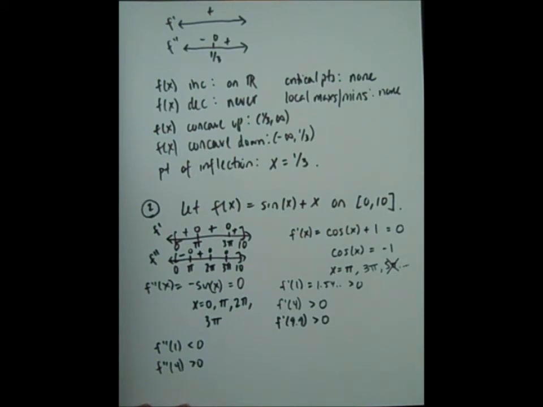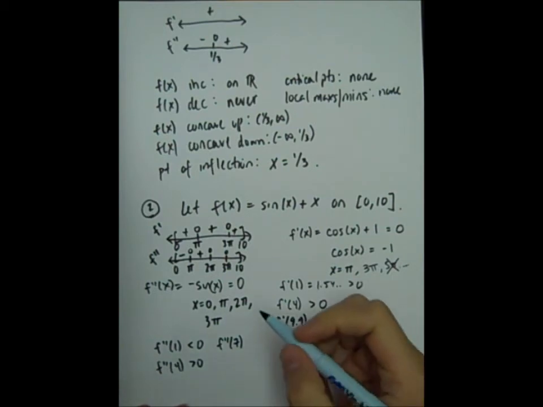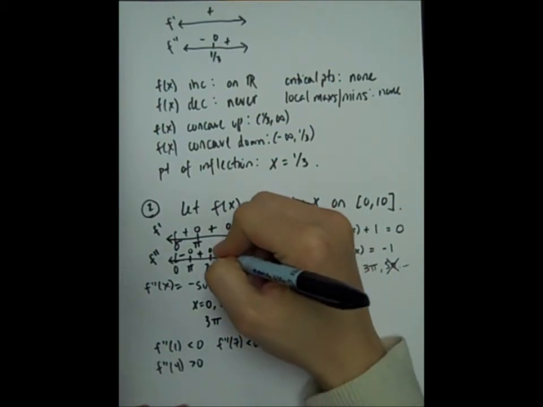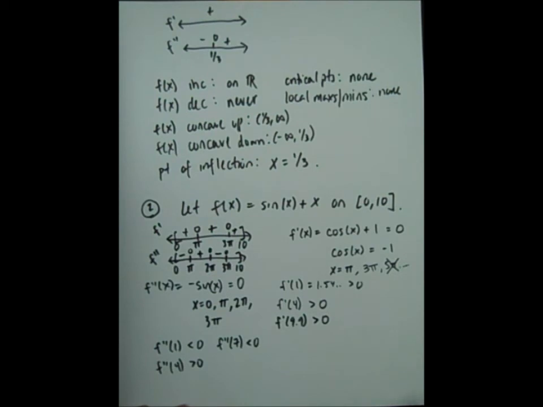Let's see, 2 pi is about 6.28, so maybe we'll type in 7. So negative sine of 7 is a negative number. And then lastly, something between 3 pi and 10. How about 9.9 again? So negative sine of 9.9 is positive.